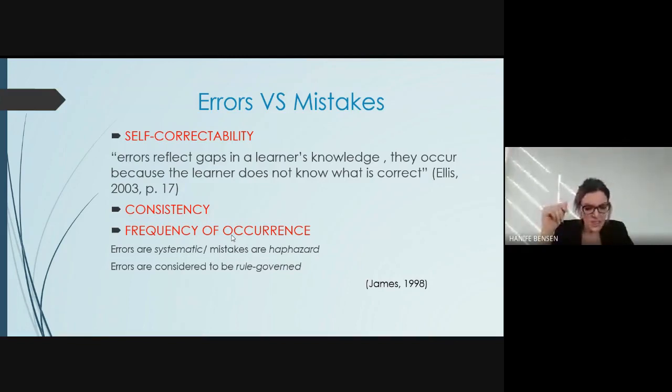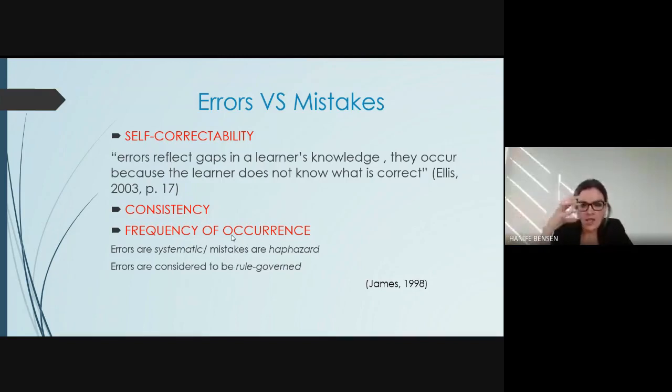In addition to this, we can say that errors are considered to be rule governed since they follow the rules of the learner's interlanguage. Now, what do we mean by that? It means it follows the grammar of the learners', the students', interlanguage, which allows the use of such structure at the particular stage of second language development.